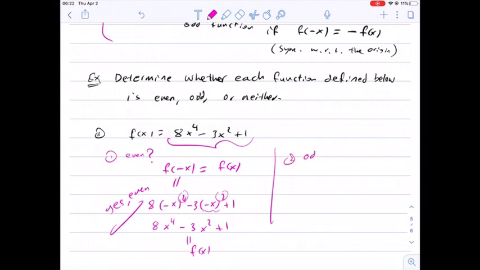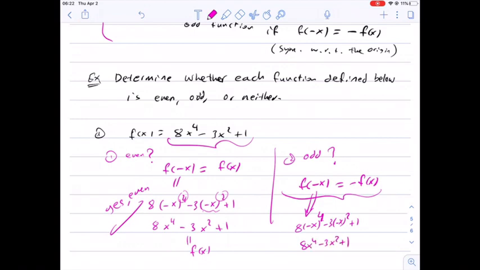Is it odd? If we want to check if it's odd, so f of negative x is negative f of x. If this is satisfied, then it's odd. So let's substitute negative x. 8 times negative x to the 4th minus 3 times negative x squared plus 1.